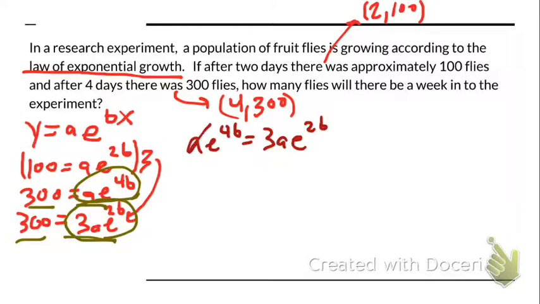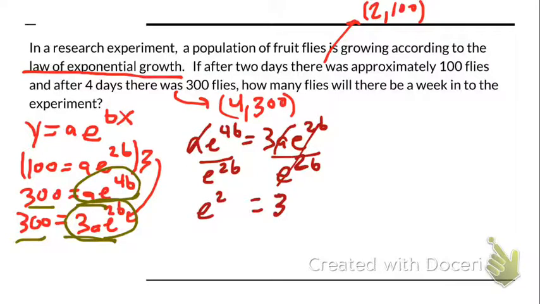So we're going to divide both sides by a, that'll cancel that out, and also divide both sides by e to the 2b power. And on the right side we just have 3, and on the left side we're going to have e to the 2b power, because when we're dividing two numbers that have exponents and the bases are the same, we can subtract the exponents. So 4b minus 2b is 2b.